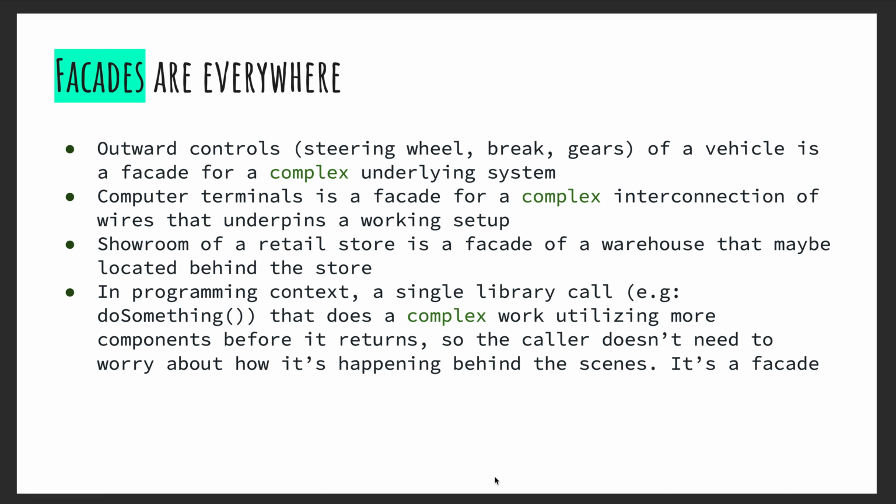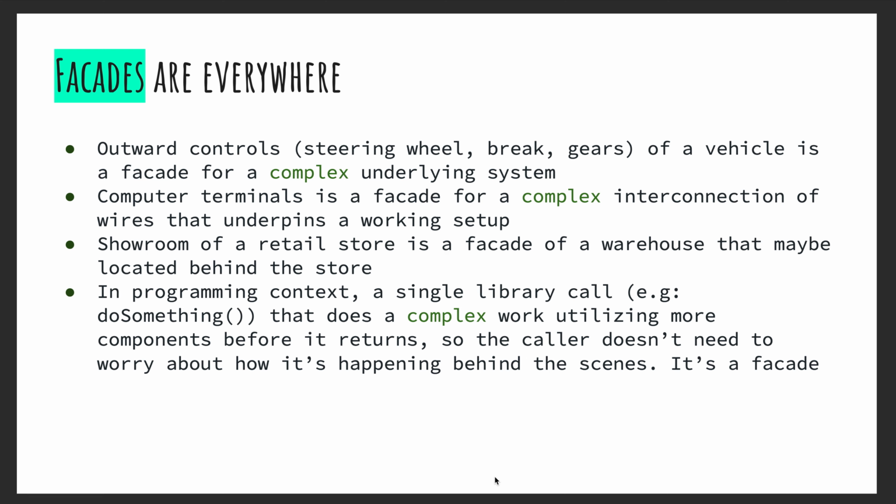It can be a facade for a warehouse that may be located behind a store. Think about selecting a t shirt or a sneaker in a retail store compared to a warehouse. Obviously, selecting a t shirt would be quite easier in a retail store rather than in a warehouse.